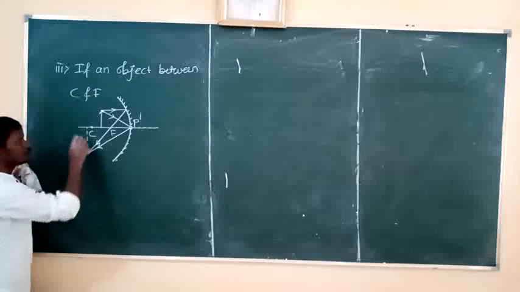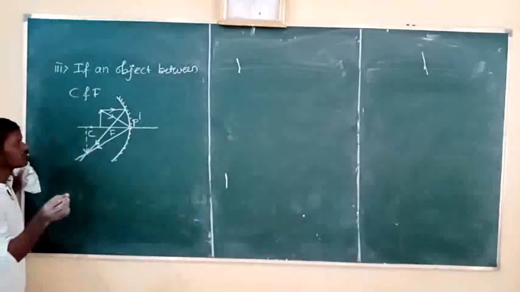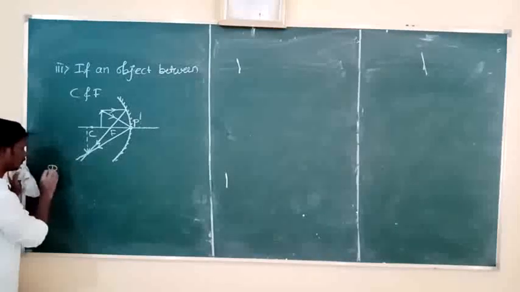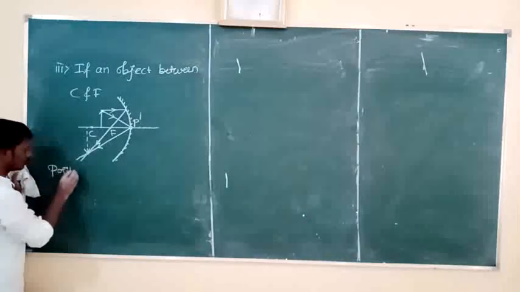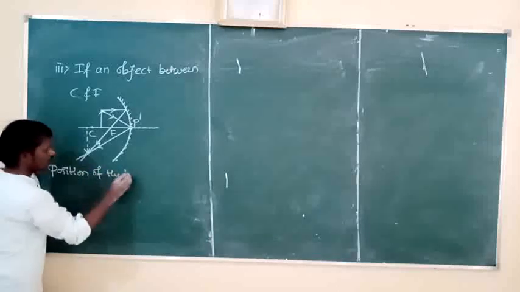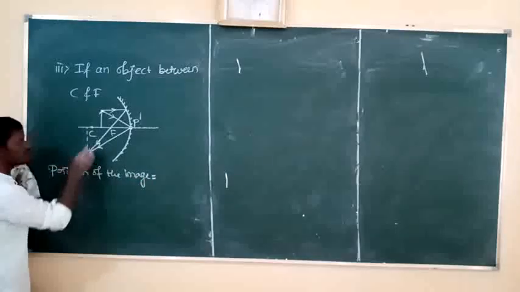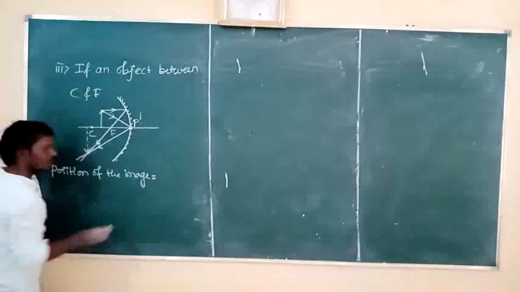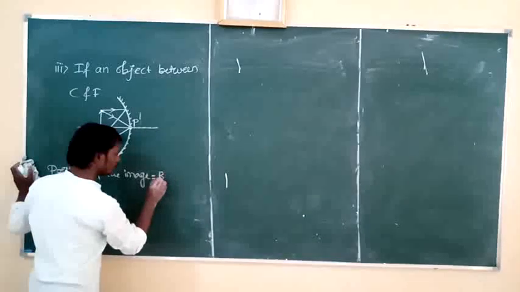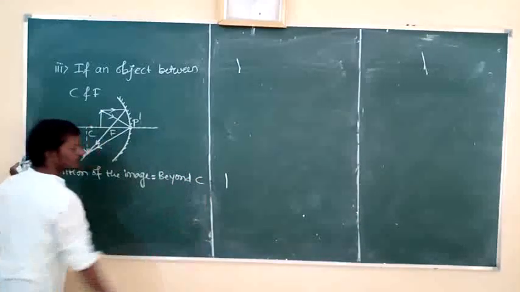Now, by observing all those things, what is the position of the image? Just see the diagram. You only tell the answer. That is, the image is formed beyond C. Beyond C. Okay.